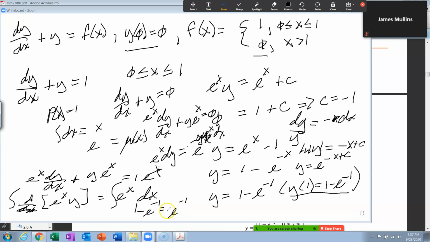I'm going to rewrite this as c e to the minus 1 because it's a different c, but you get this. So divide both sides by e to the minus 1 and you get e to the 1, or just e, minus 1 is equal to c. Okay, for continuity purposes you've got that.